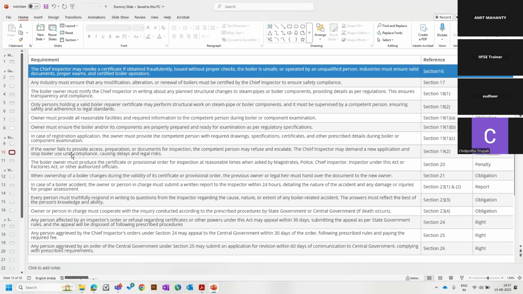If the owner fails to provide access or preparation or documents for inspection, the competent person may refuse and escalate to the chief inspector, demand a new application and stop the boiler use until compliance, causing delays and legal risk.